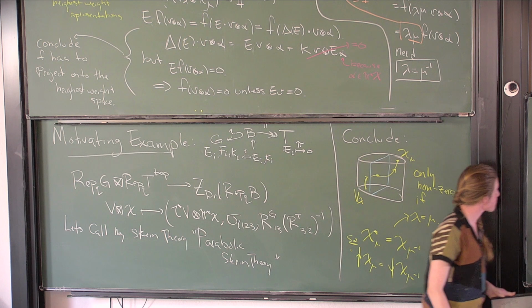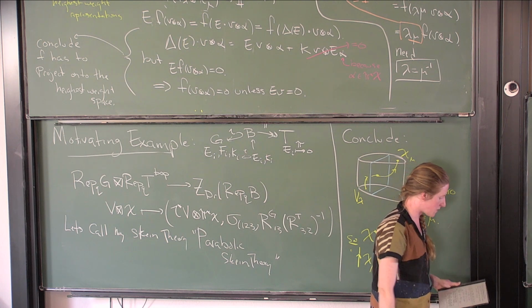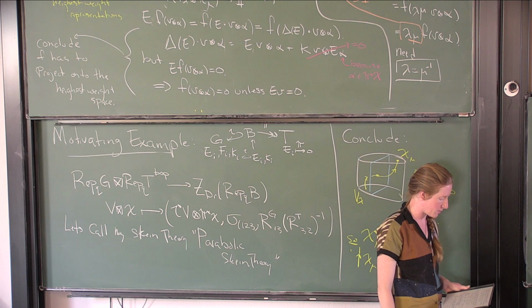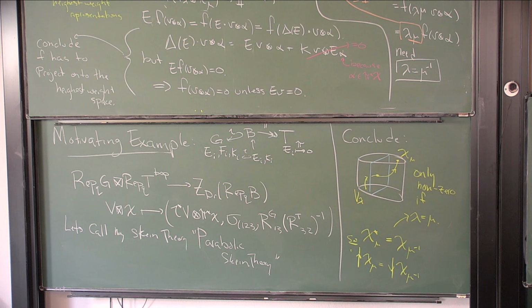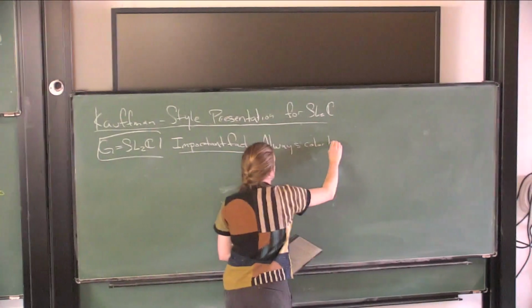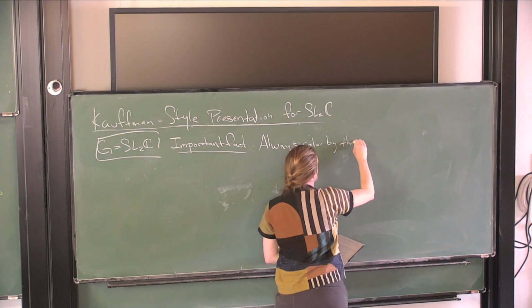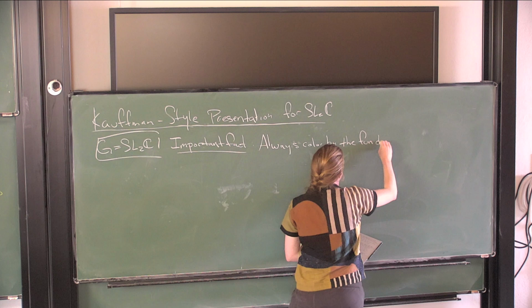All right. So let's first recall what happens with the G skeins. One important fact, with a lot of beauty behind it, is that we can always color by the fundamental representation.